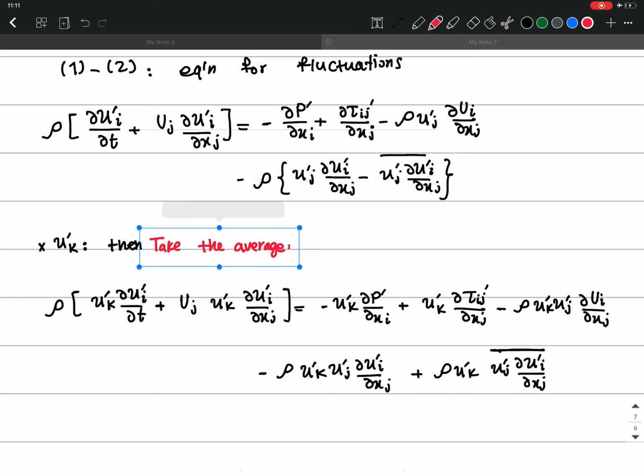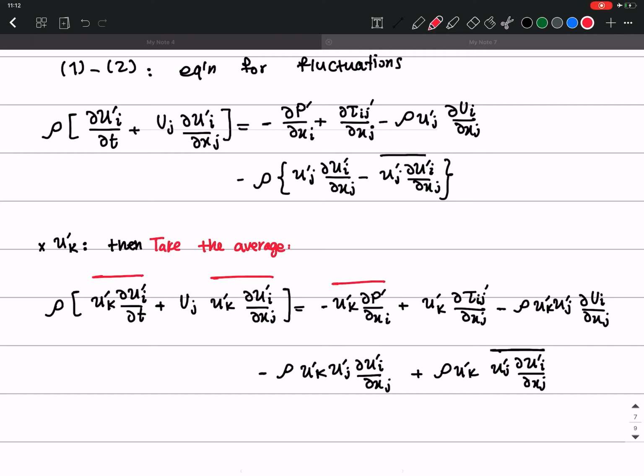If we take the average here, the first term is just an average and it's going to stay because it's a multiplication of two fluctuations. For the second term, Uj is already an average, so it's just a number, so we can take it out of the average. We just need to do the averaging for these two terms.